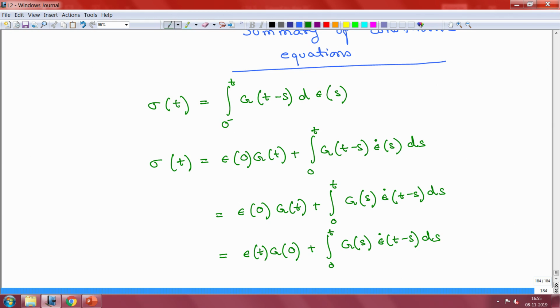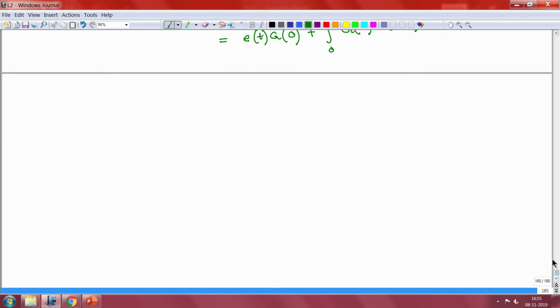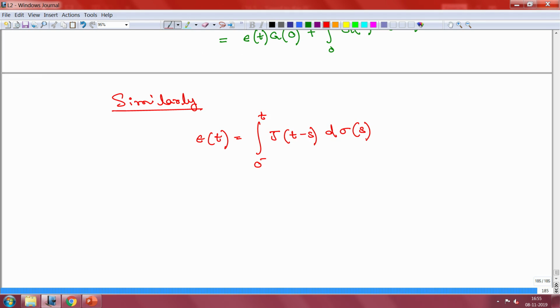So, similarly you will write it for the creep compliance function, right. Maybe I will just write one of them and then you can similarly write the other: the integral of J(t minus s) d sigma(s), and you can derive this from the superposition of responses, where the input can either be the stress or the strain, right.